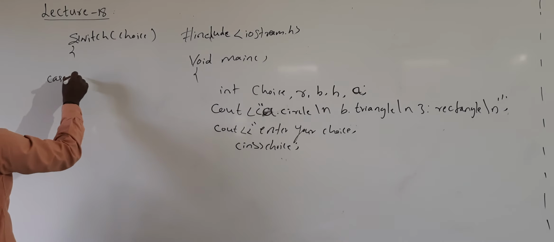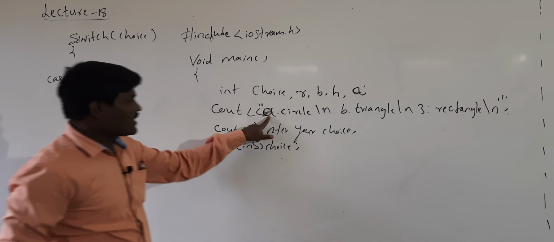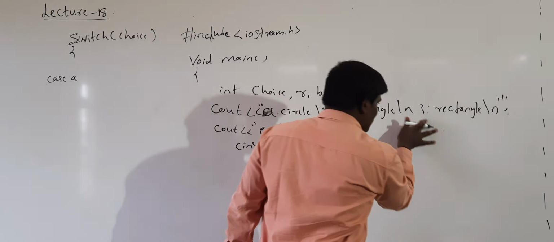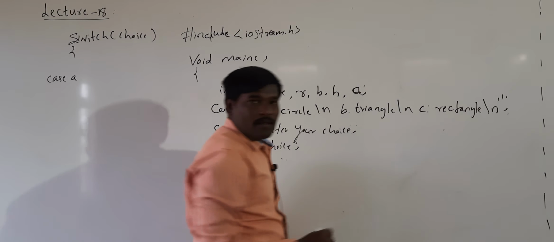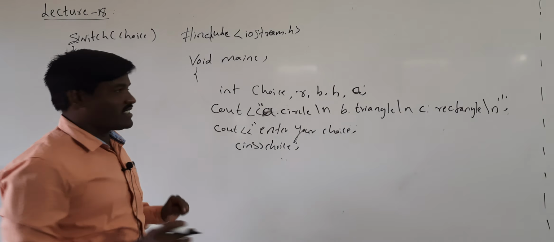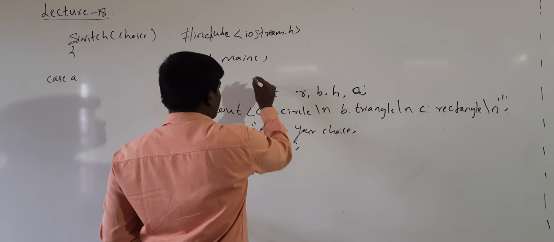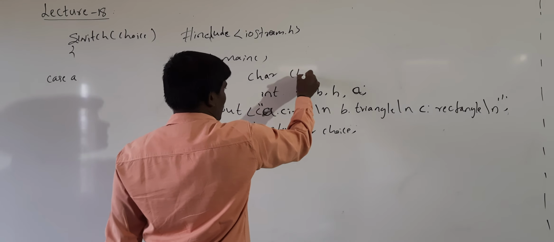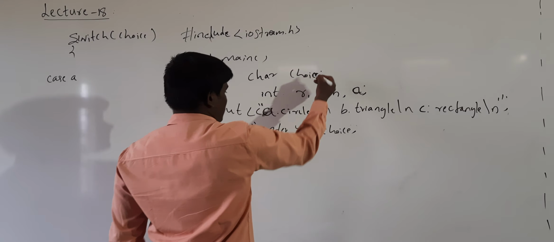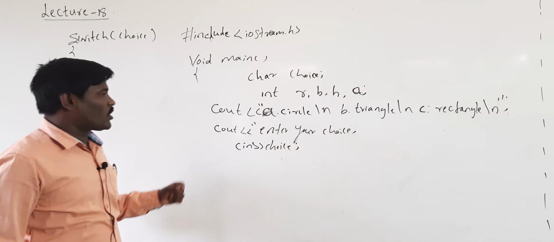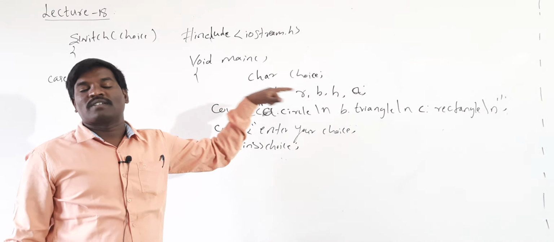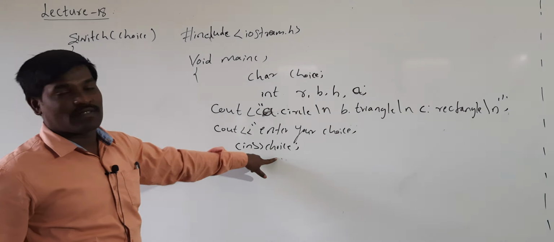Case, see here A, B, C. But here choice is integer, that's why you can change this to char of choice. It must be a character because the options are in terms of character, that's why choice must be a char.